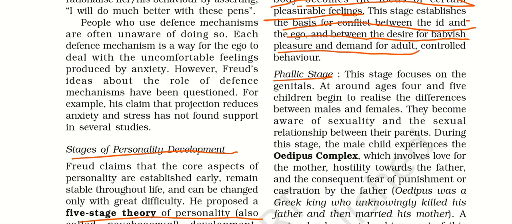Then we have the phallic phase. The phallic phase focuses on the genitals. At around ages 4 and 5, this develops. Children begin to realize the difference between males and females. So they become aware of sexuality and the sexual relationship between their parents.